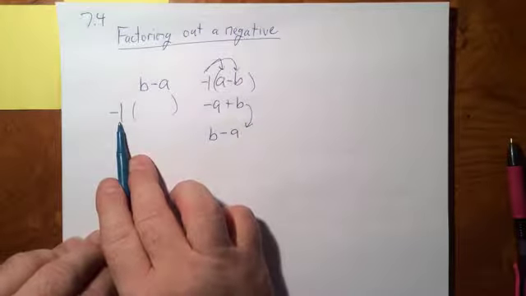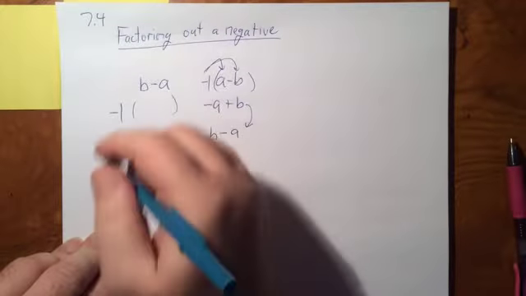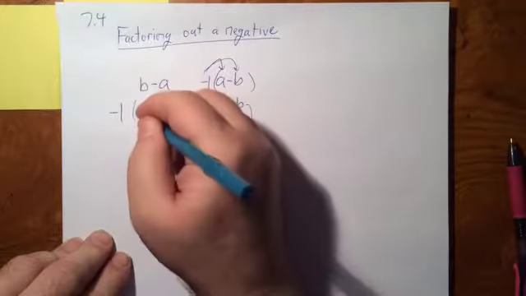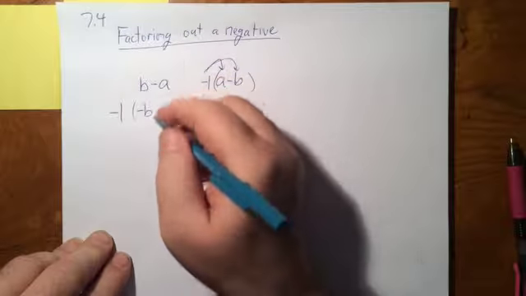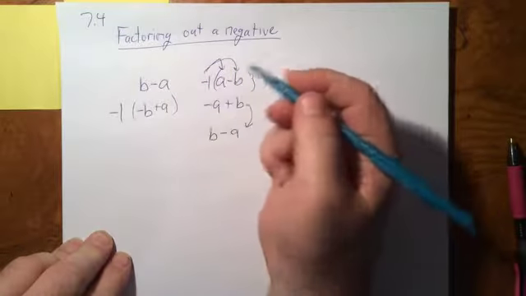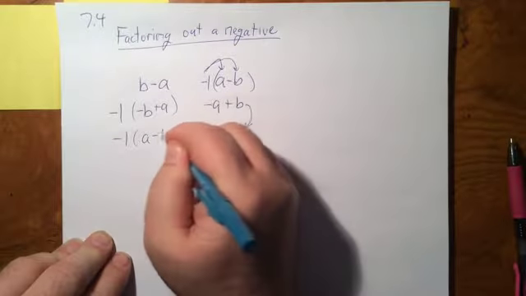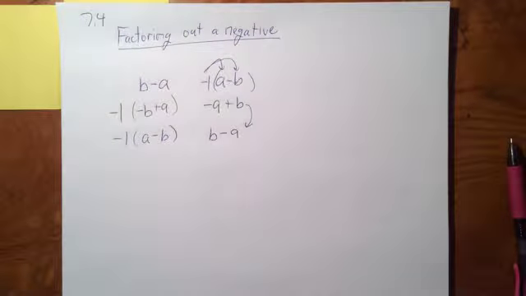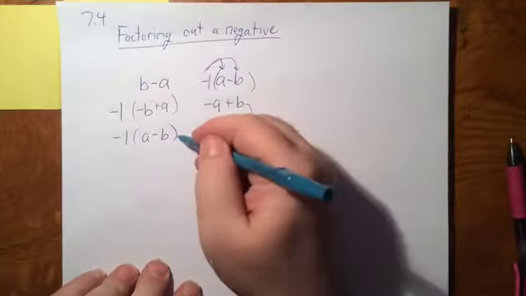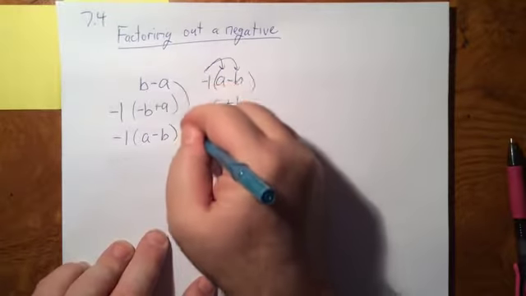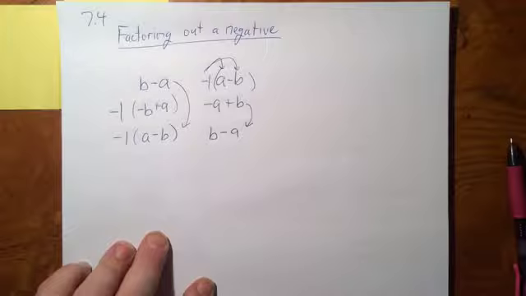It's going to make this b a negative b, and this a a positive a, which I can now write as negative 1 times a minus b. So we can rewrite b minus a as negative 1 times a minus b.